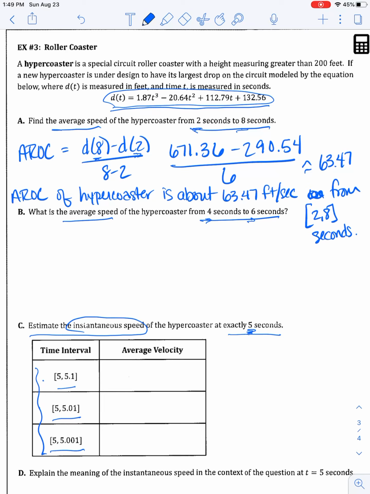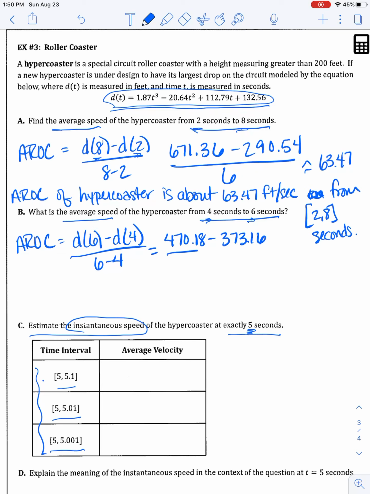Okay, so now we're going to do it again, and we're going to find it from 4 to 6 seconds. So the AROC is going to be d of 6 minus d of 4 over 6 minus 4. And again, I've got that function in my y equals. I'm going to go to my table. d of 6 is 470.18. d of 4 is 373.16, over 2, and that's going to give me approximately 48.51.